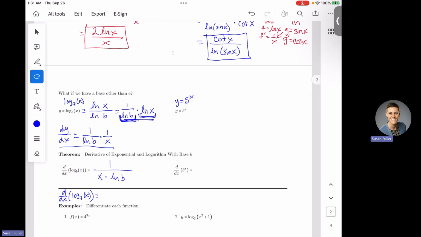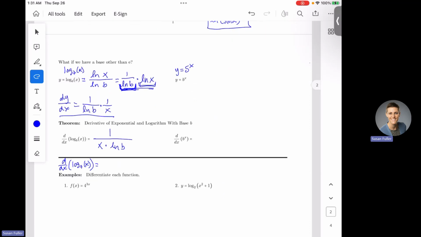Well, it's going to be 1 over x, and then down in the denominator with the x, I'm going to multiply by the ln of my base, which is 7. So that's what the derivative of log base 7 of x looks like. That's not too terrible.